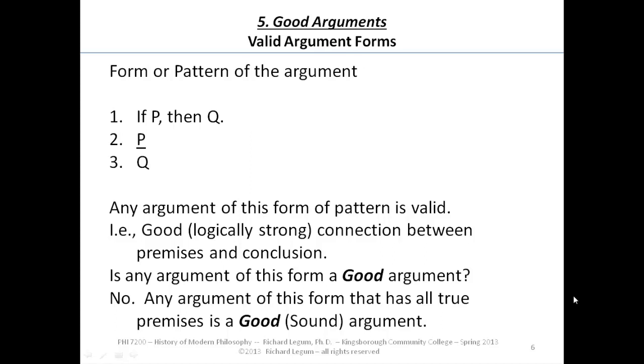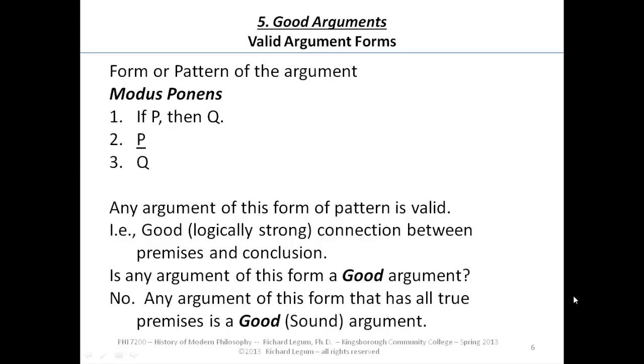Now we're going to give some of these, and in the book it does it, and traditionally philosophers have given some of these patterns a Latin name. This one happens to be called modus ponens. Maybe you'll remember MP. It is sometimes called affirming the antecedent.